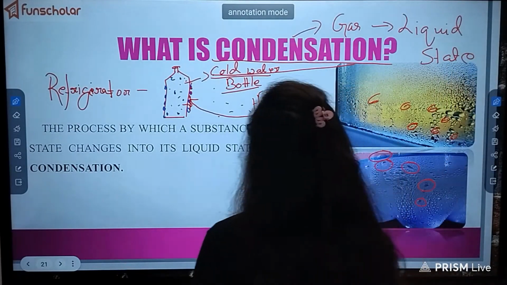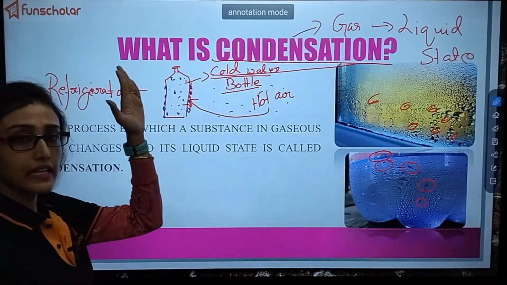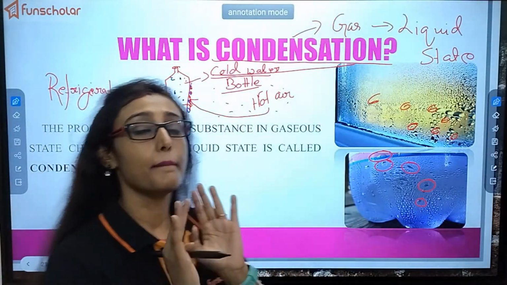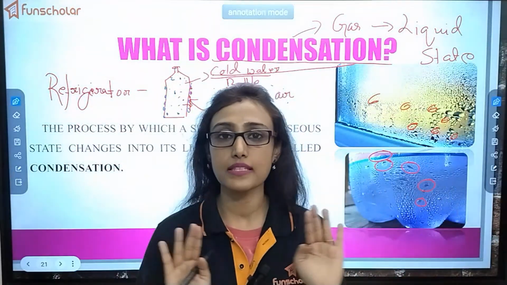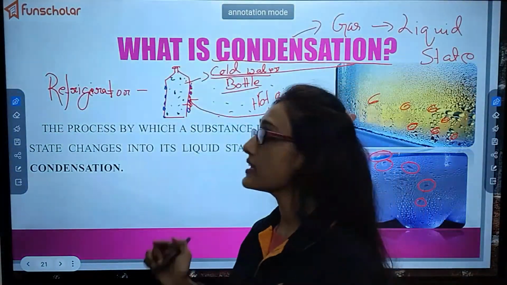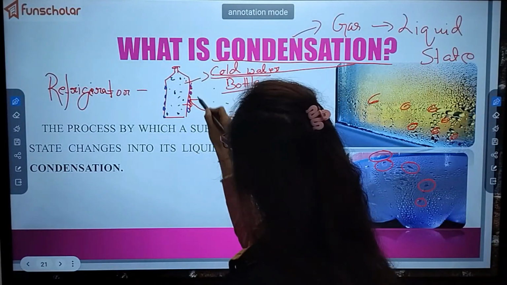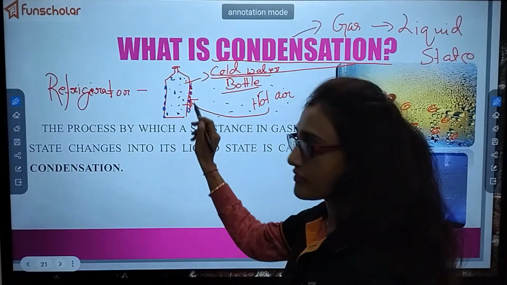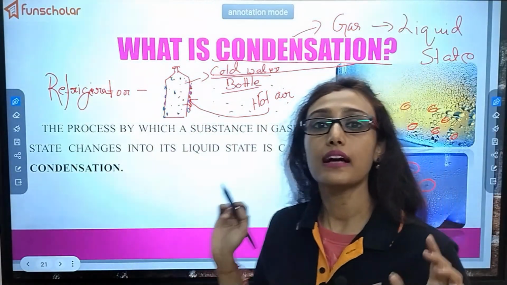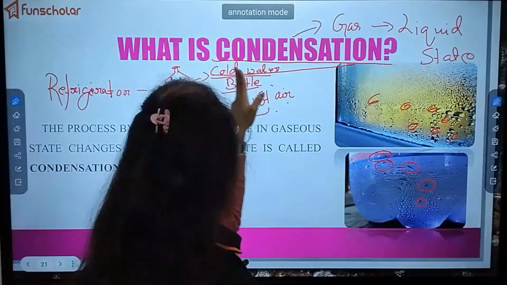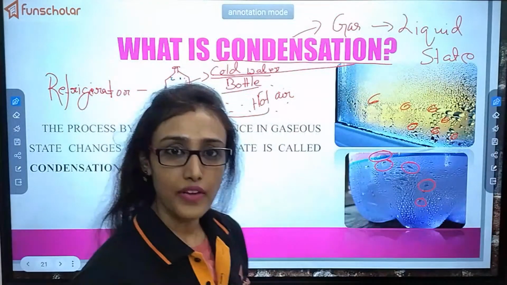So the water inside the bottle does not come out, but water vapor is present all around your surrounding, which comes in contact with the cold surface and is condensed there, and they form water on this outer surface.